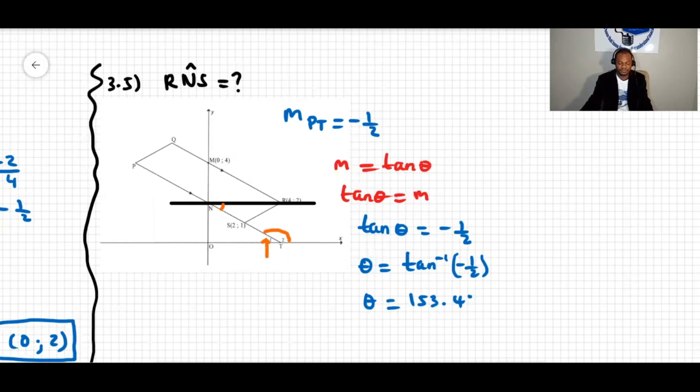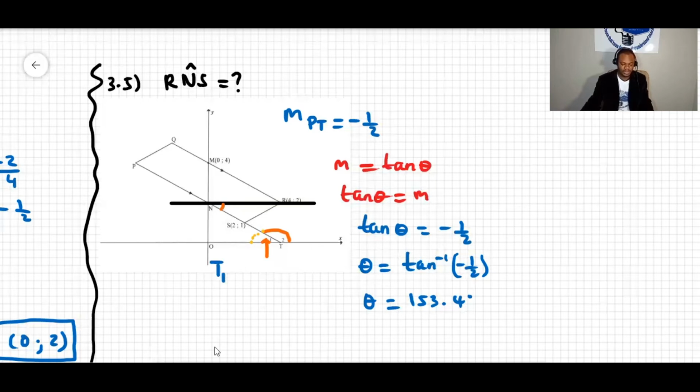If I do 180 minus 153.4, because the whole angle here will make 180 degrees. This angle here we call T1.